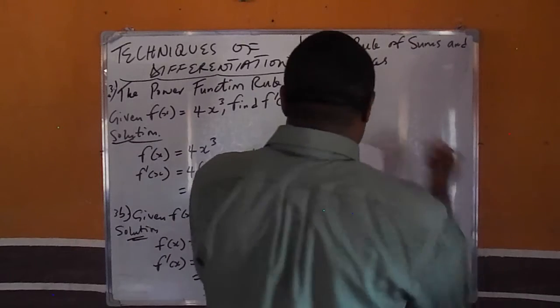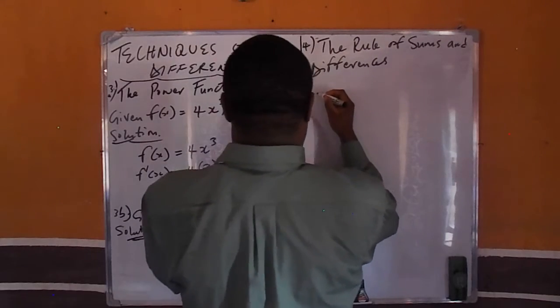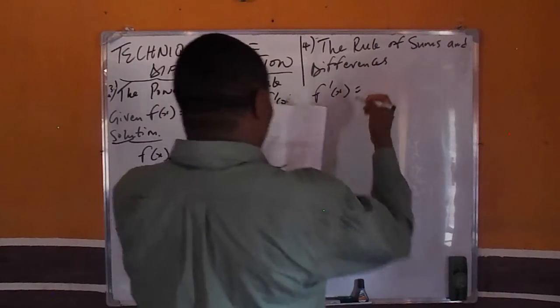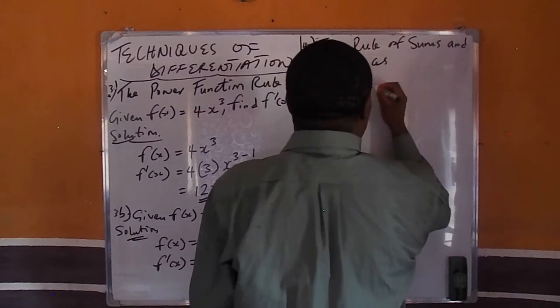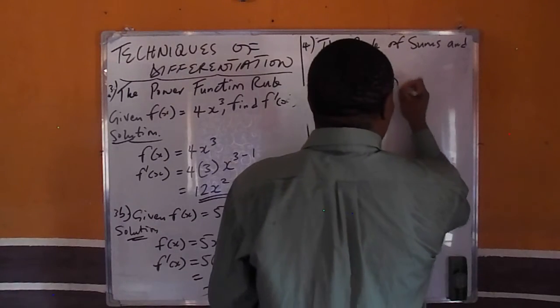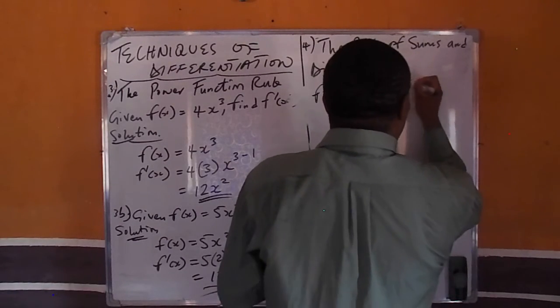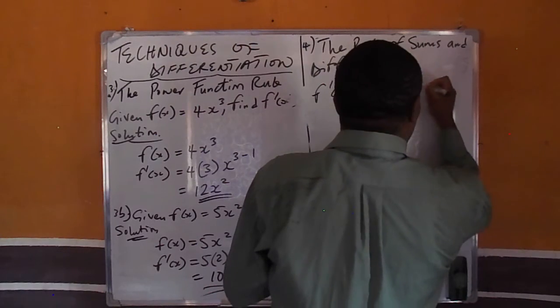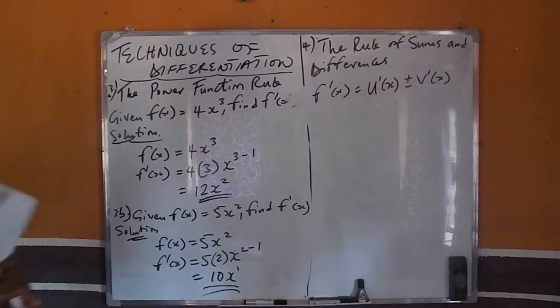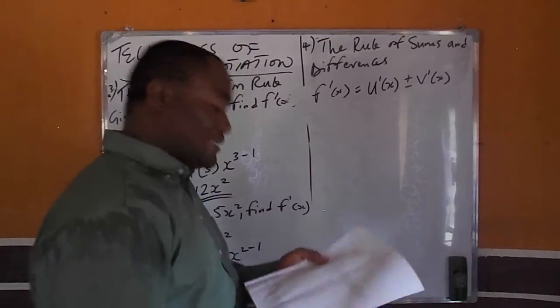We say that under first order condition, f prime s equals u prime s plus or minus v prime s. This is the formula we normally use under the rules of sums and differences.